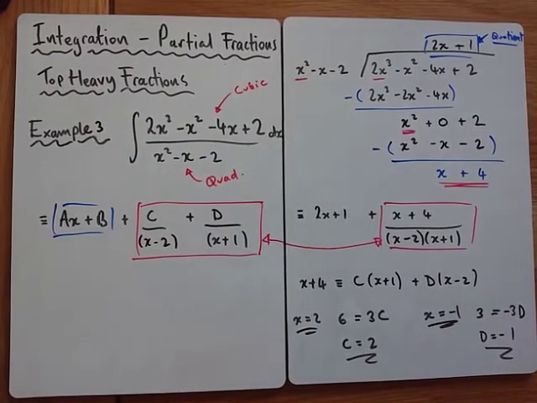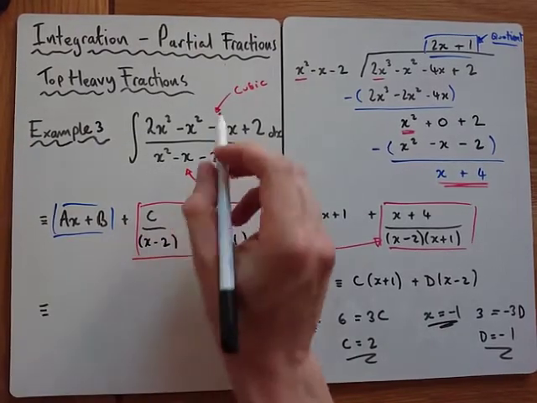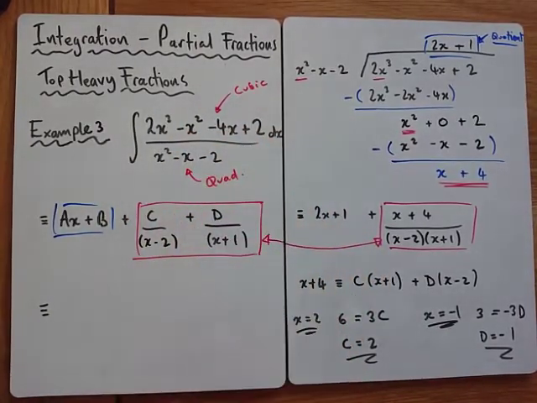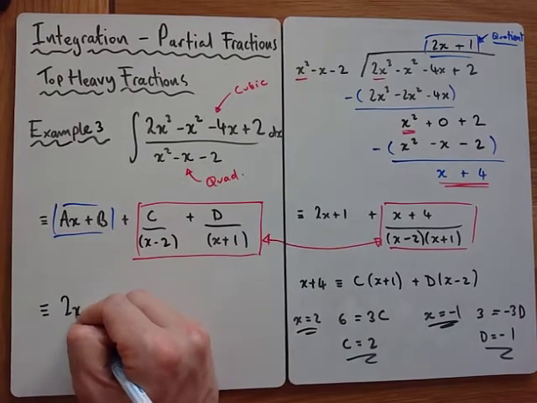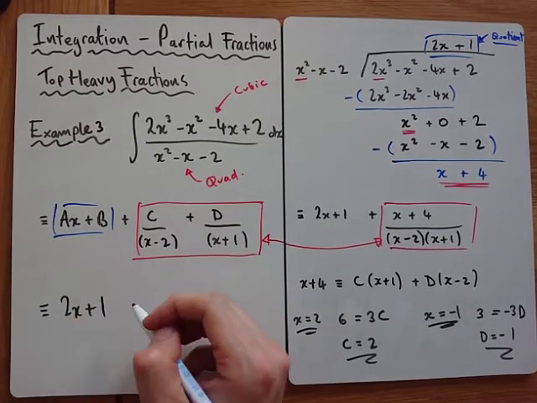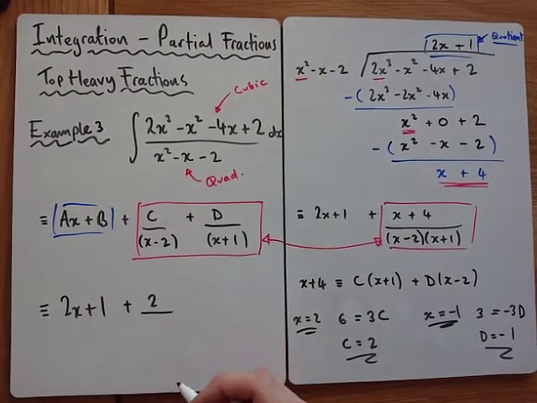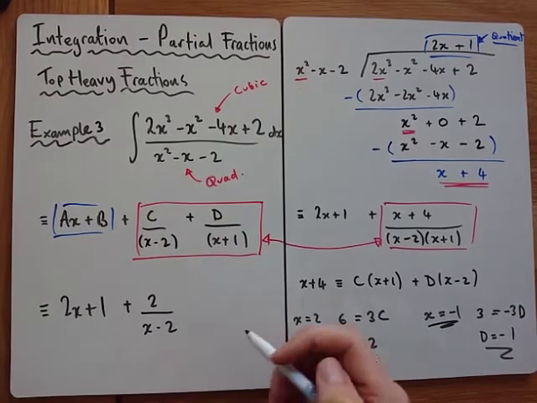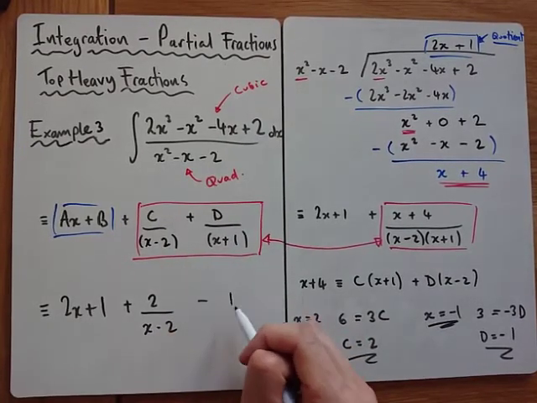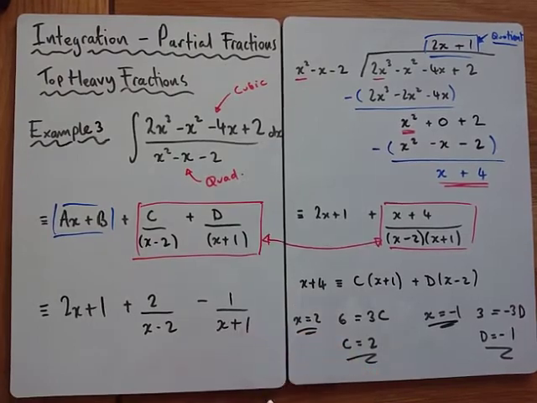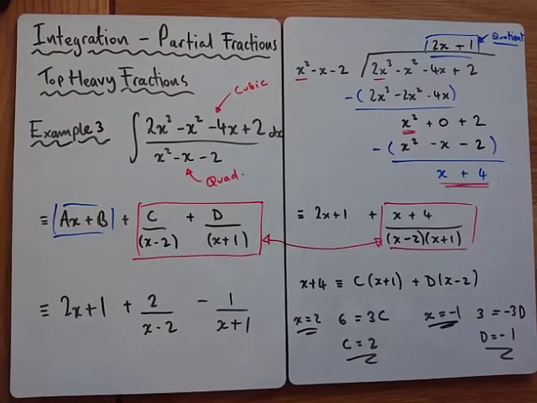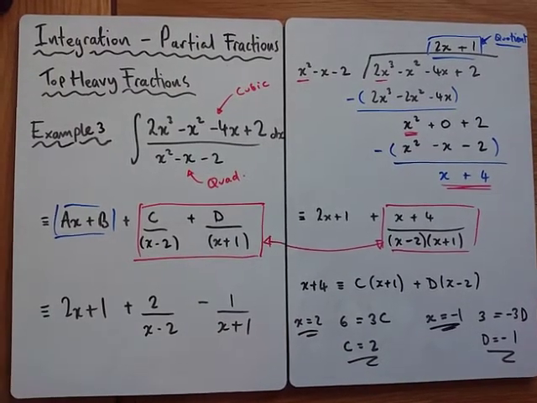And we've got everything we need. Okay, so this horrific looking fraction here is just the same as 2x plus 1 plus c, which is plus 2, divided by x minus 2, plus d, which is minus 1, so minus 1 over x plus 1. And all we've now got to do is integrate those separate terms.